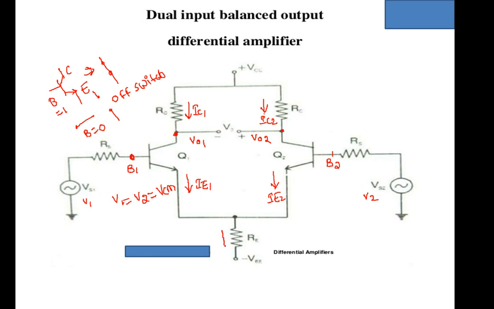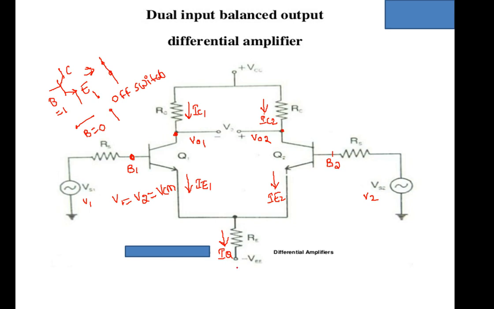Let us say the current flowing through this resistor is some IQ. In order to analyze this, all the transistors are identical. That means beta, alpha, all those values are equal for these transistors.